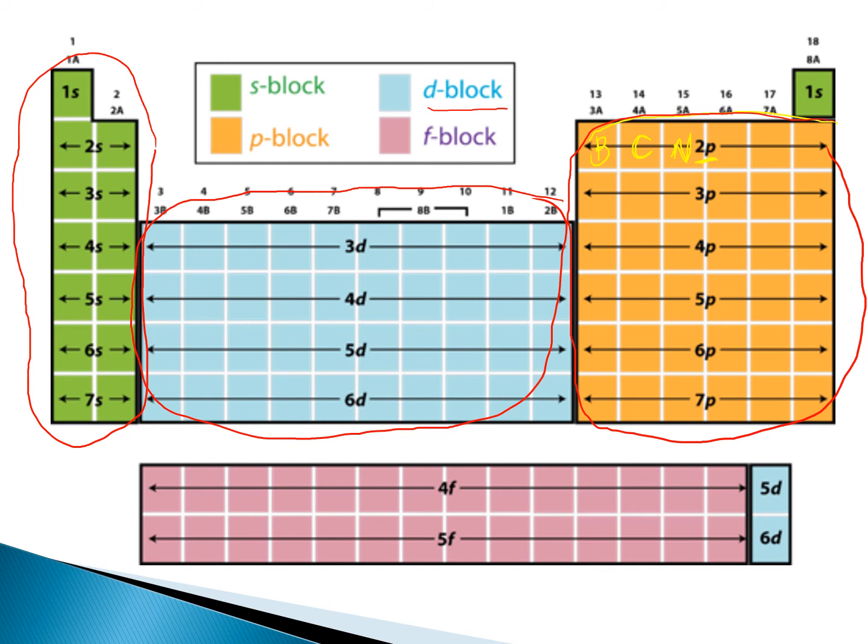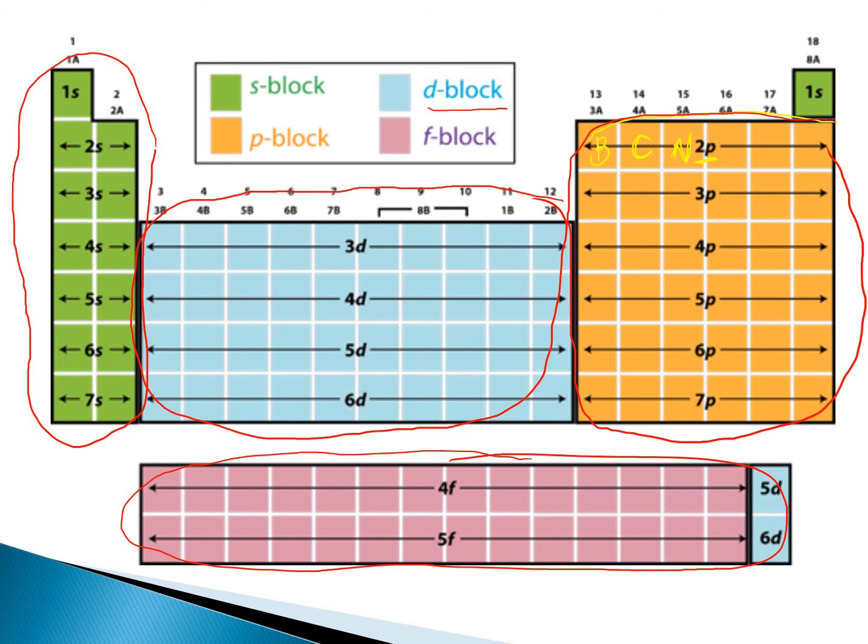And then last, ito po, yung ating inner transition elements. Ito naman po yung tinatawag nating F block. Meron po kasing lamang electron or yung kanyang electronic configuration ay nagtatapos with f orbitals. Okay, so tatandaan po yung mga blocks na yan sa periodic table. So we have S block, P block, D block, and then F block.